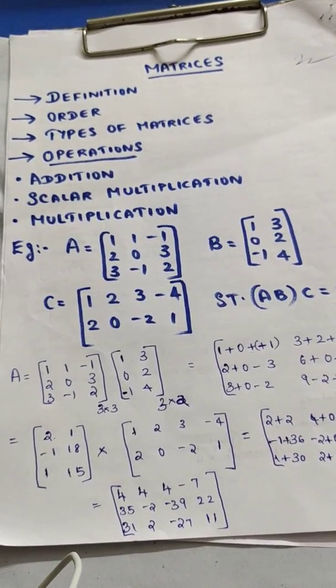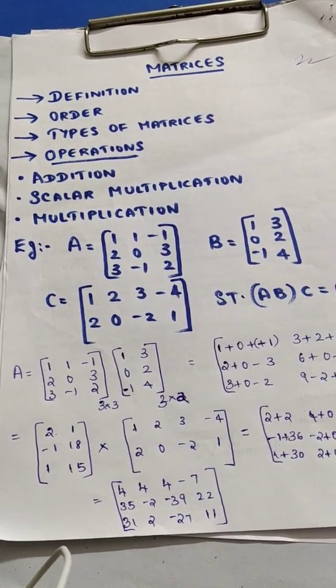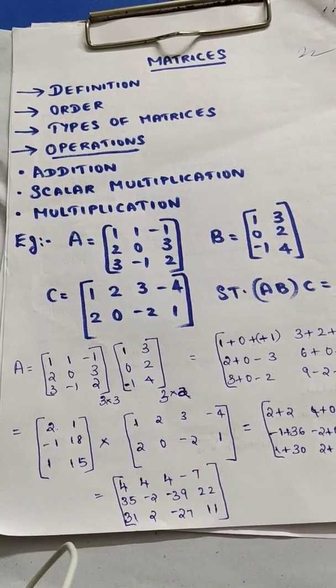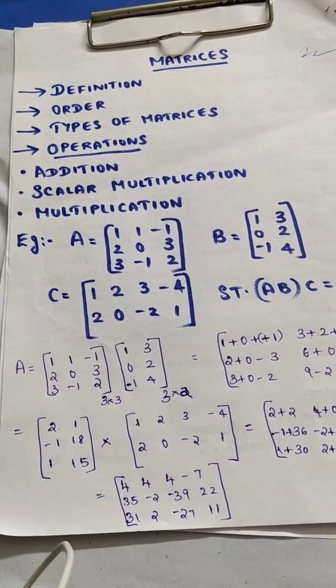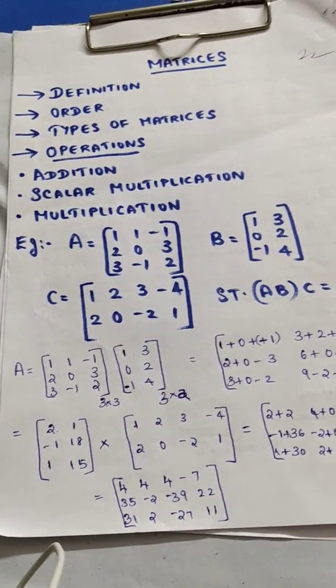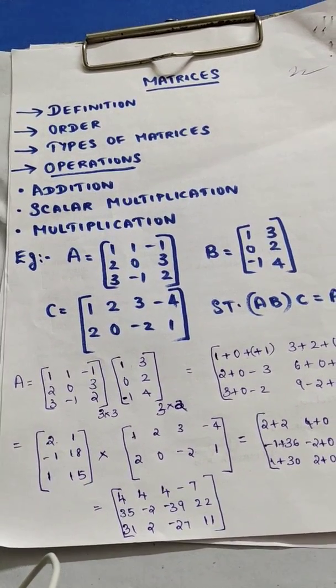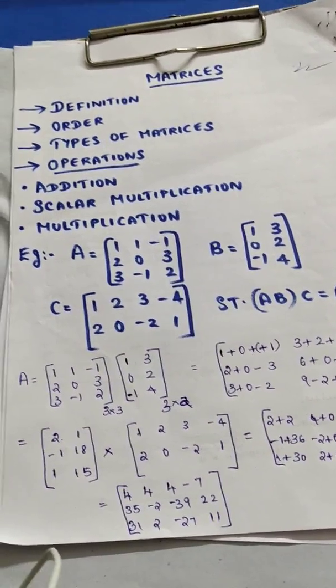This is a solved example in your textbook, but it is a very important example. In this example you are proving the associative property of matrix multiplication. Along with this, I will explain matrix multiplication once again, so that it will be helpful for you as well.